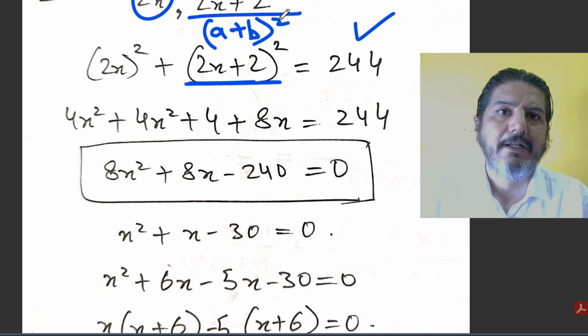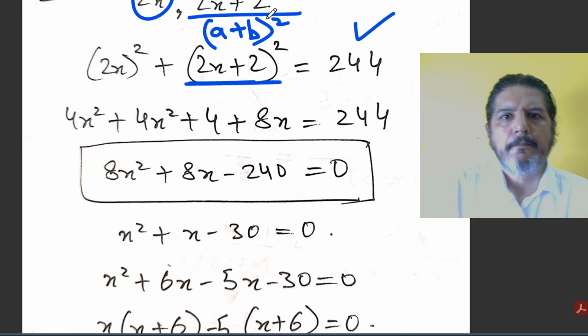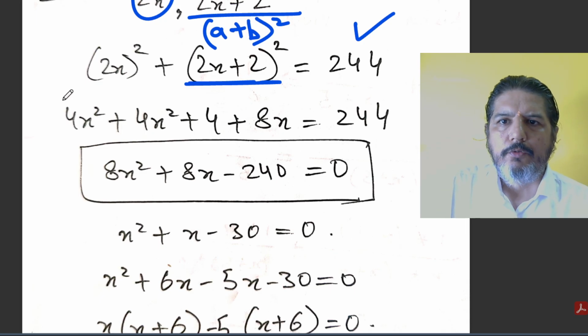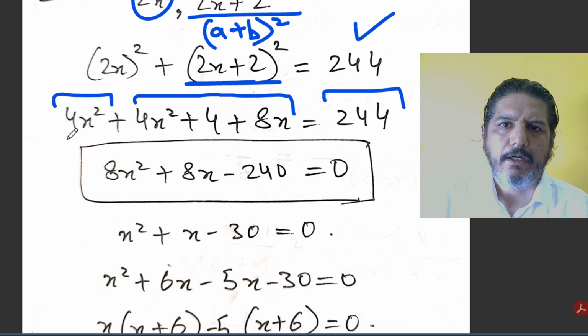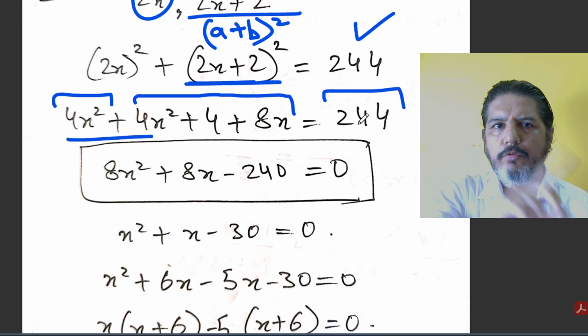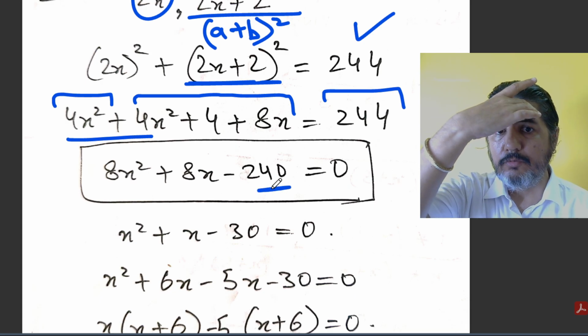So please look at the playlist given in the comment section. So this is 4x square, plus 4 plus 8x, is equal to 244. I add these 8x square, 8x, and 244 comes to the left hand side, so this becomes 240.